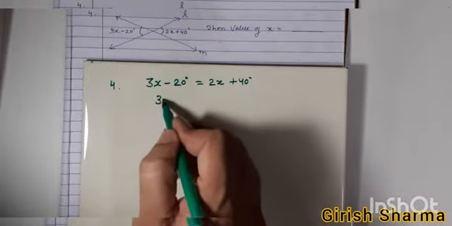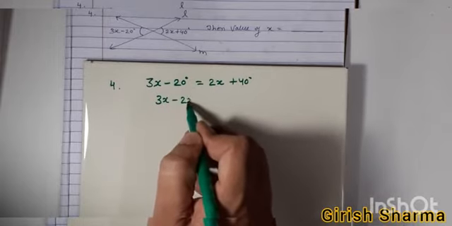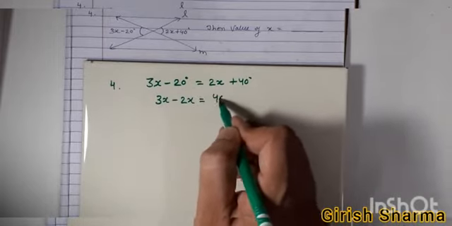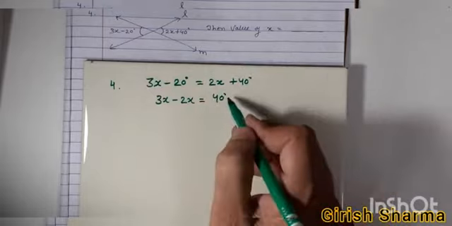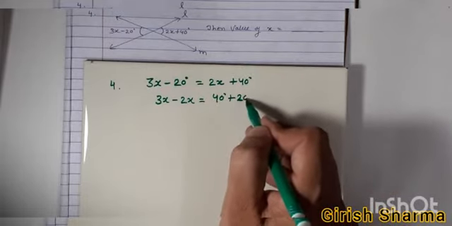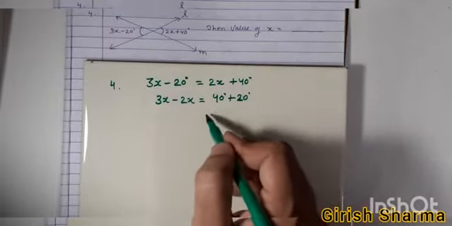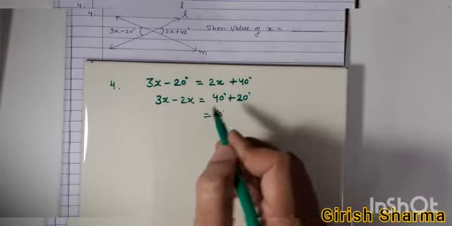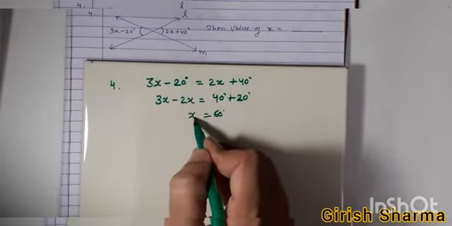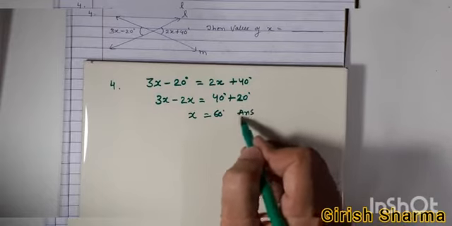Okay, then what will come? 3x minus 2x, and here 40 degree is already here. I am sending 20 degree that side. This will be plus 20 degree, no? So 40 plus 20 is what? 60, and 3x minus 2x is x. So 60 degree is your answer.